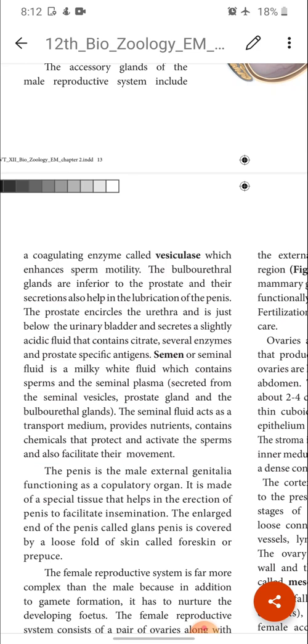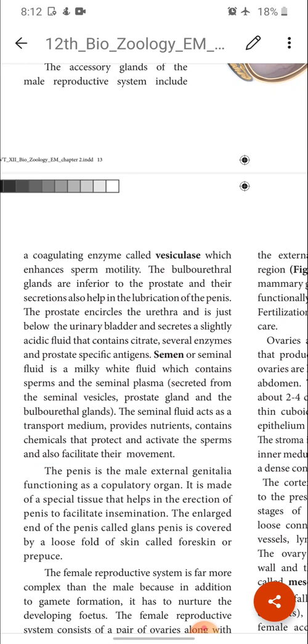Next, we come to the bulbourethral gland. As I said, it is also in a pair, inferior to the prostate gland, and their secretion helps in the lubrication of the penis. Underline it. Which gland's secretion in the male reproductive system helps in the lubrication of the penis? Bulbourethral gland.